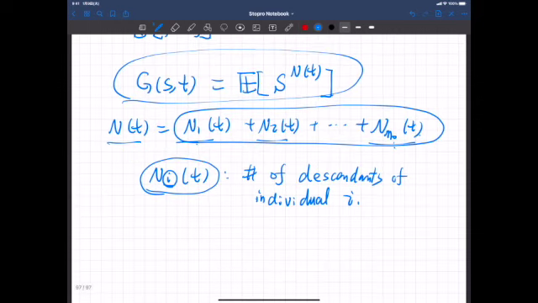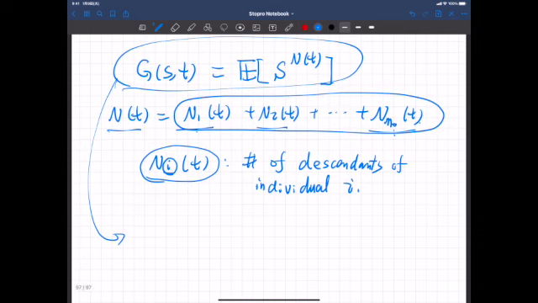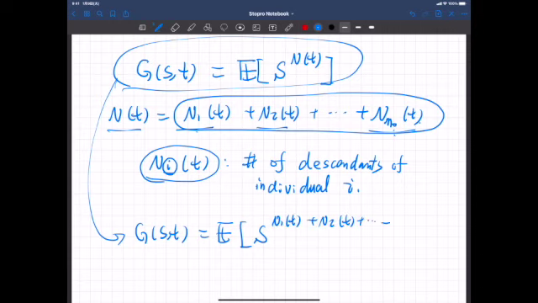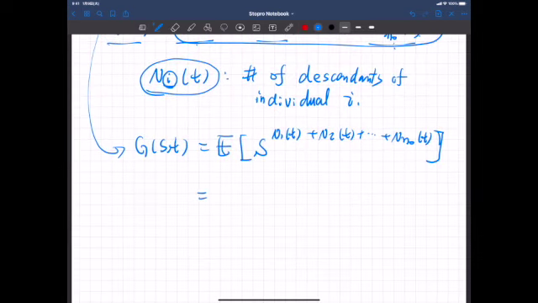So therefore, this probability generating function can be expressed in this way. g of s, t is the expectation value of s to the power of n1 plus n2 plus, and so on. So we just split this into s to the power of n1, s to the power of n2, and so on.